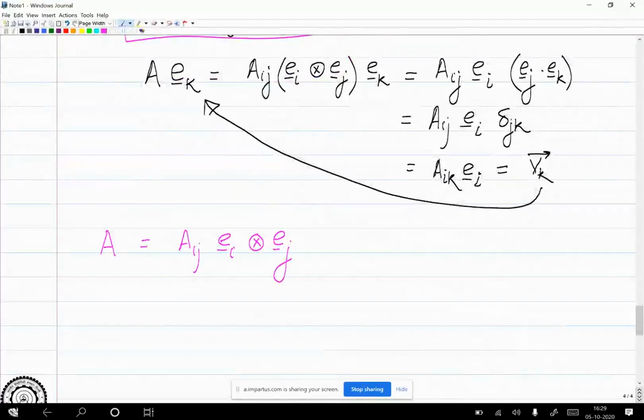So to know a linear transformation, you just have to know these 9 constants. If you know these 9 constants, you can say that A is equal to Aij Ei tensor product Ej. Also, you see that these 9 constants actually depend on what basis you have chosen.